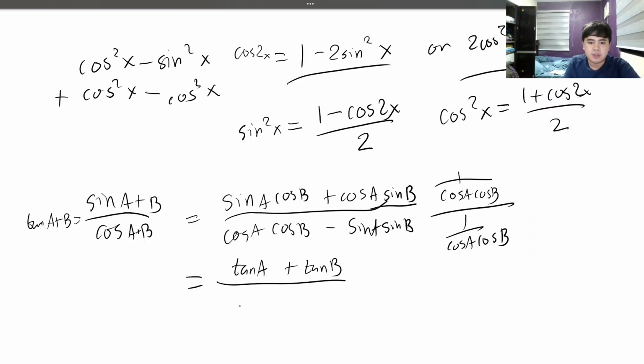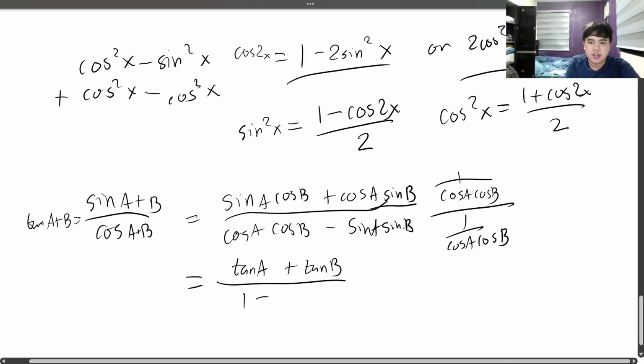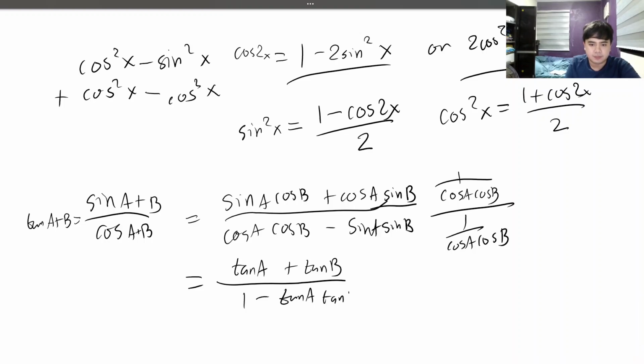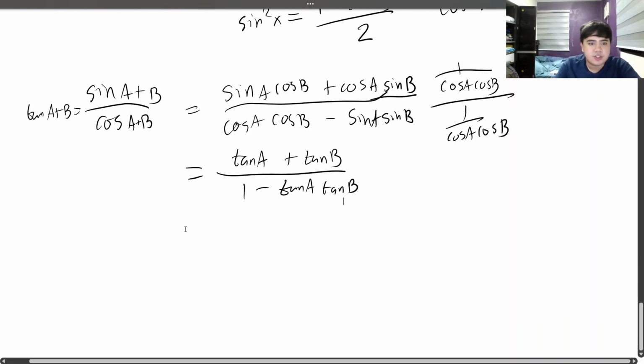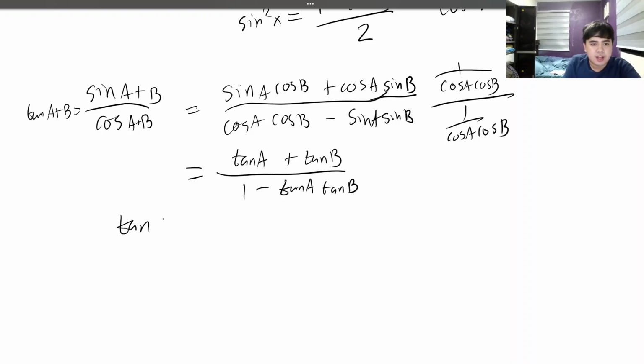Over cosine A cosine B becomes 1 minus sine A sine B over cosine A cosine B, that's tangent A tangent B. For the double angle identity for tangent, A and B become X. So the top becomes tan X plus tan X, which is 2 tan X, over, at the bottom, 1 minus tangent squared X. There you go.